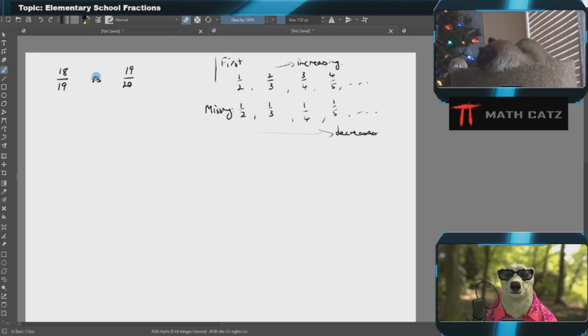Based on that reasoning, I can extend this to any two. Here, 20 is the larger of the denominators, so 19/20 is greater than 18/19, based on reasoning that I can extend from the easier, more familiar fractions.